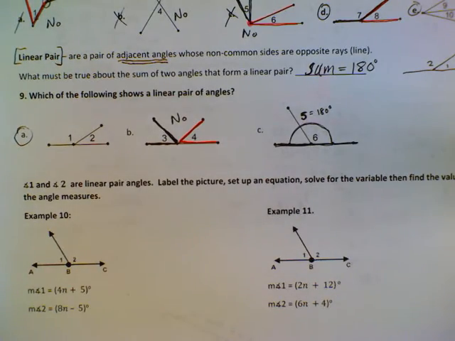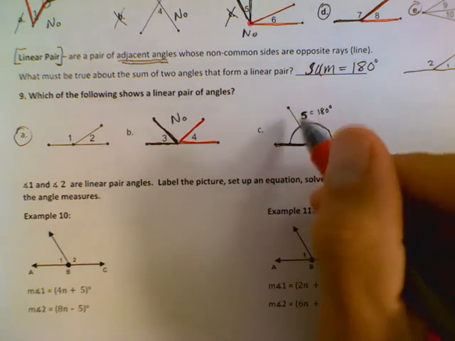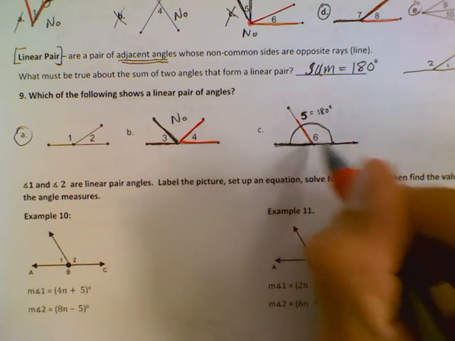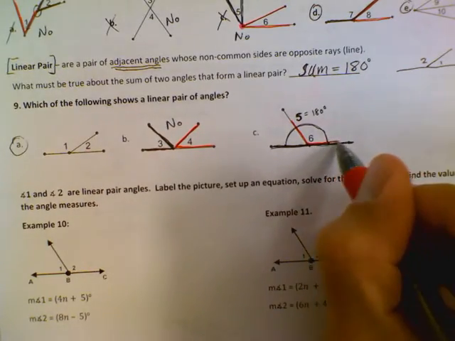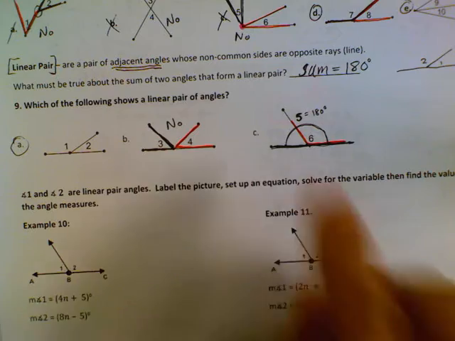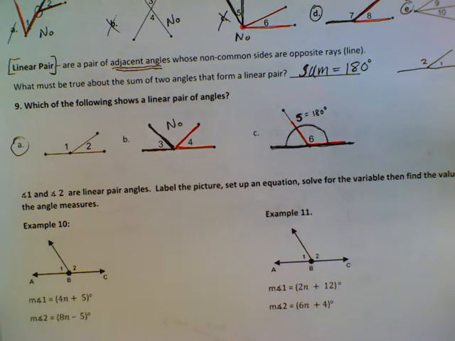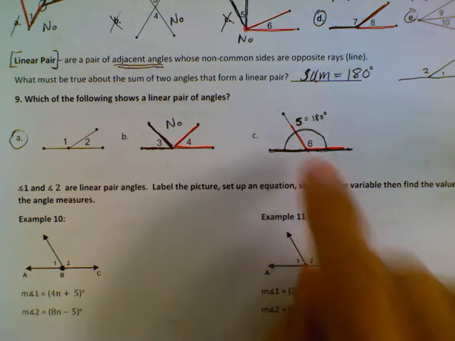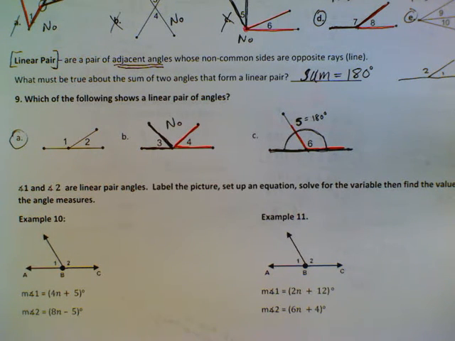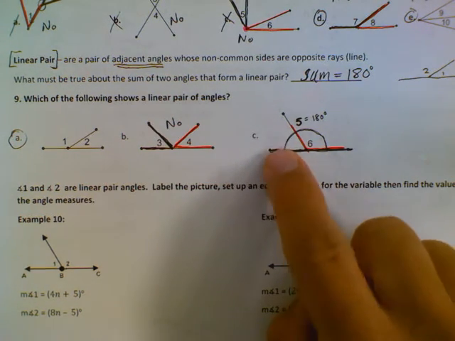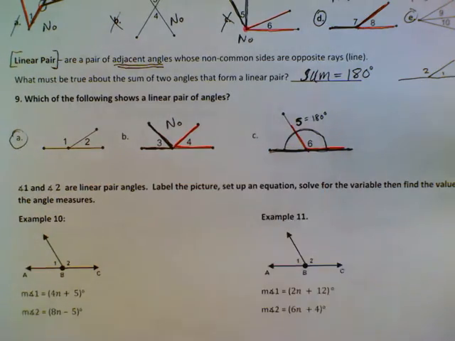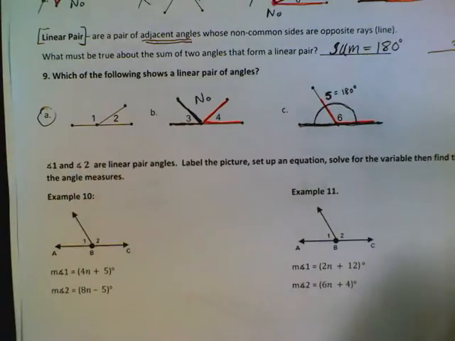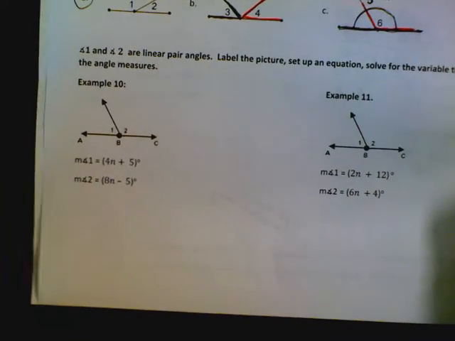If angle 5 is that straight angle, and angle 6 is just this red piece, then there are points from angle 5 inside of angle 6, and that's where that no common interior points thing comes in. The main reason for giving you this example is so that you can start to see how we label angles. Sometimes we'll do a big arc like that, and that means that we have to go that whole way.